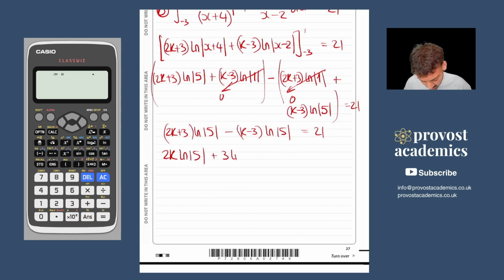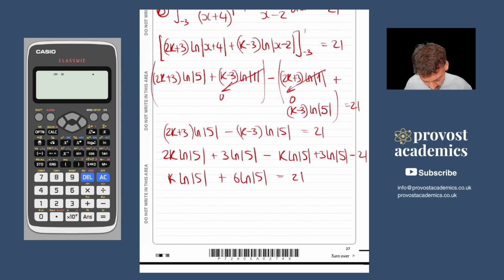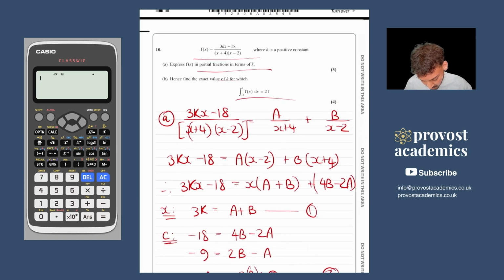So 2k ln 5 plus 3 ln of 5 minus k ln of 5 plus 3 ln of 5, and that's equal to 21. So I get k ln of 5 plus 6 ln of 5, and that's equal to 21. And finally k is going to be equal to 21 minus 6 ln 5 all over ln 5. Okay, exact value right there.